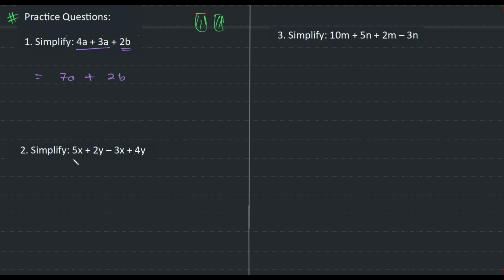Now, what to do over here? So we have the terms, but what to do? If you guys remember, we can use a topic that we just learned a few videos back, that is the commutative property. So I shifted the terms around. Remember, variables are nothing but numbers hidden.